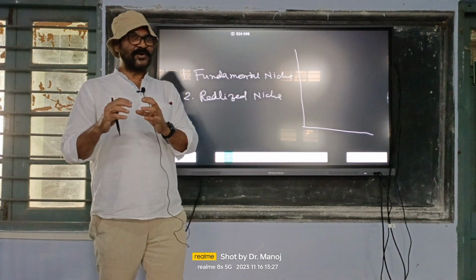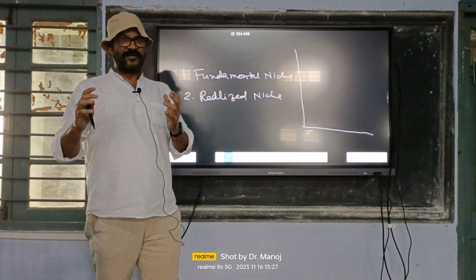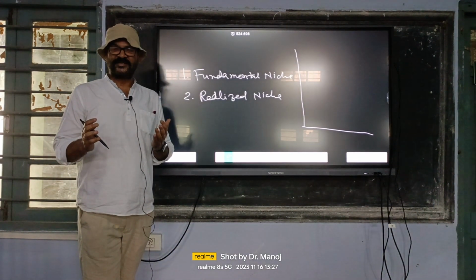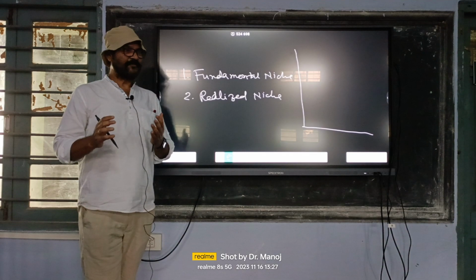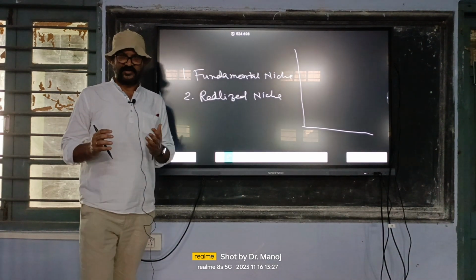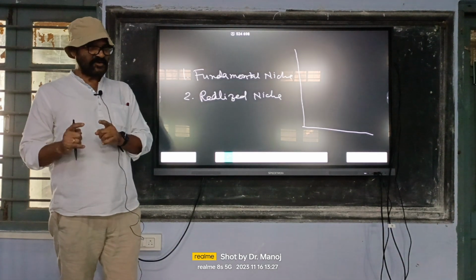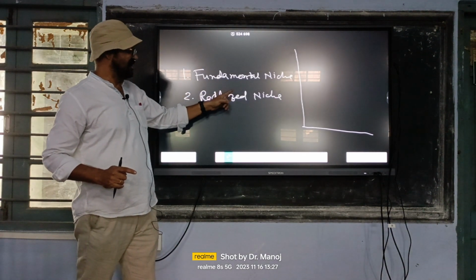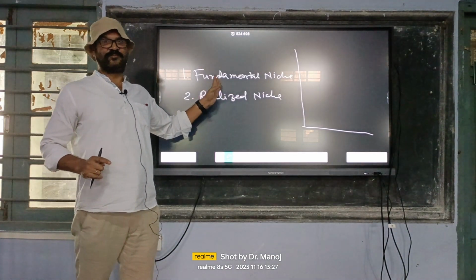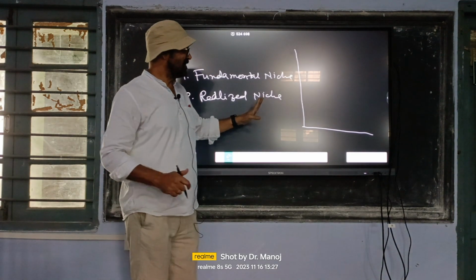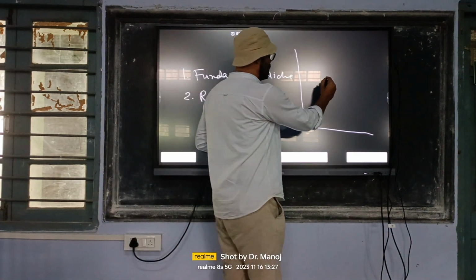So each and every organism has a fundamental niche, but due to competition, because no organism in nature is free from competition, all have to compete for food, space, and other environmental variables. Since there is competition, this fundamental niche will be reduced, and the remaining niche will be called the realized niche.